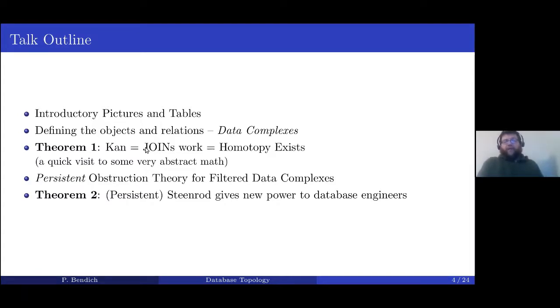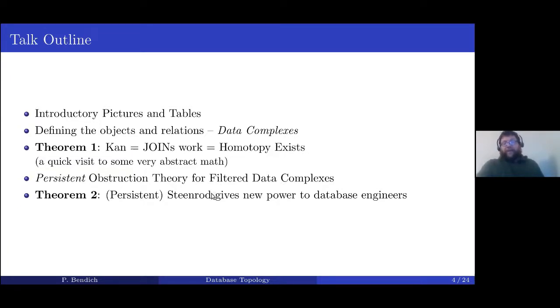There's something called the Kahn condition for simplicial sets, and it turns out the Kahn condition is going to help us with the idea of proving that joins are possible. So that's a hard theorem, which essentially just says that I phrased a problem that people care about in mathematical language. It'll then be very easy, mathematically, to build a persistent obstruction theory on top of these things called filtered data complexes.